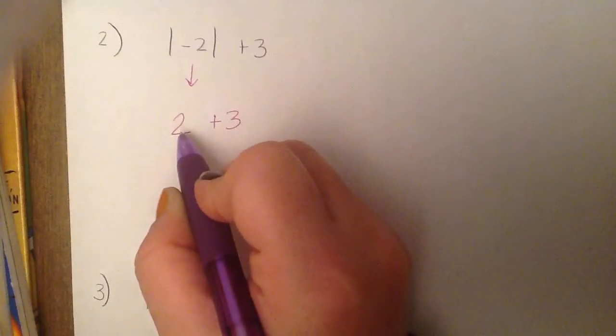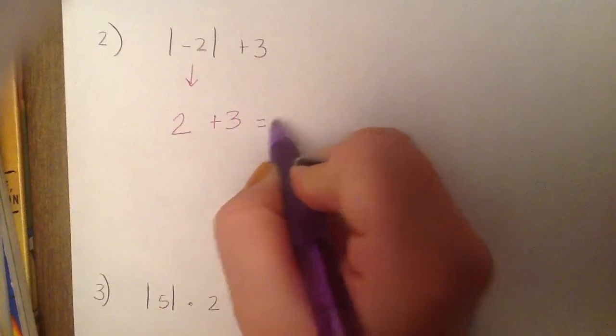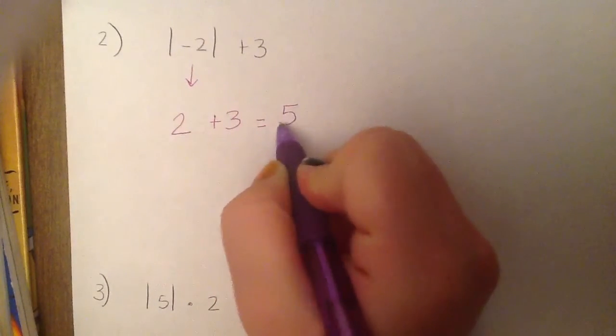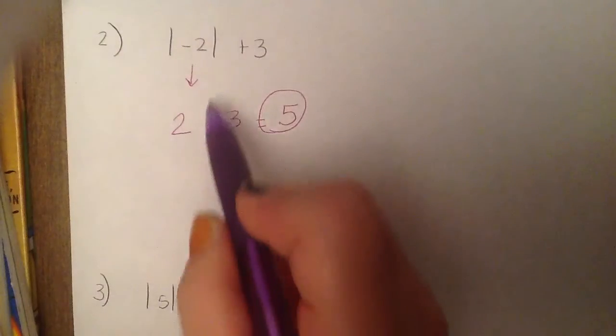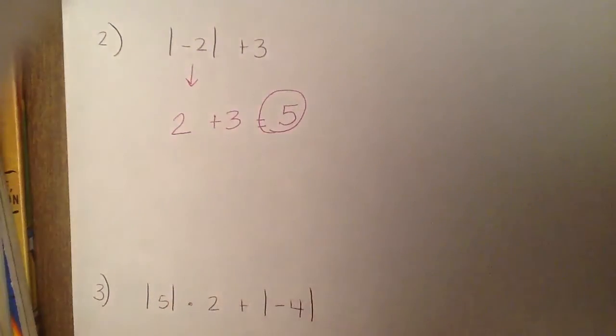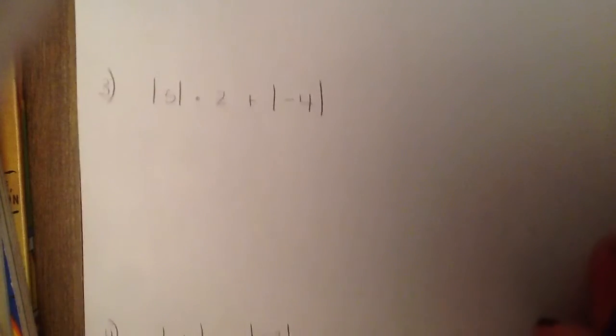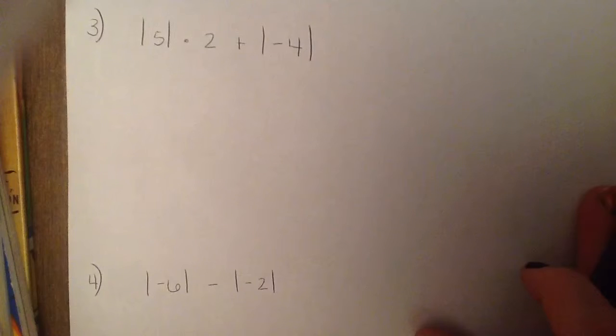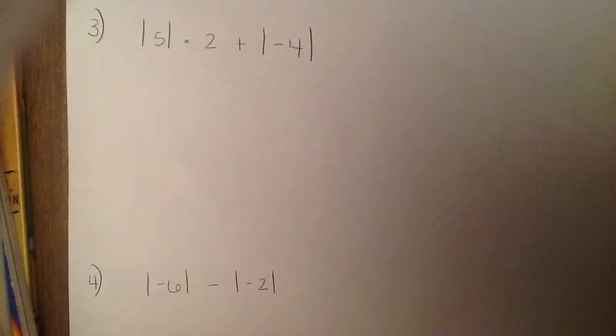So our problem becomes 2 plus 3 is 5. Nice job. These absolute value bars make the negative 2 a positive 2. Try this one on your own. Do the absolute value first and then use the order of operations to solve.